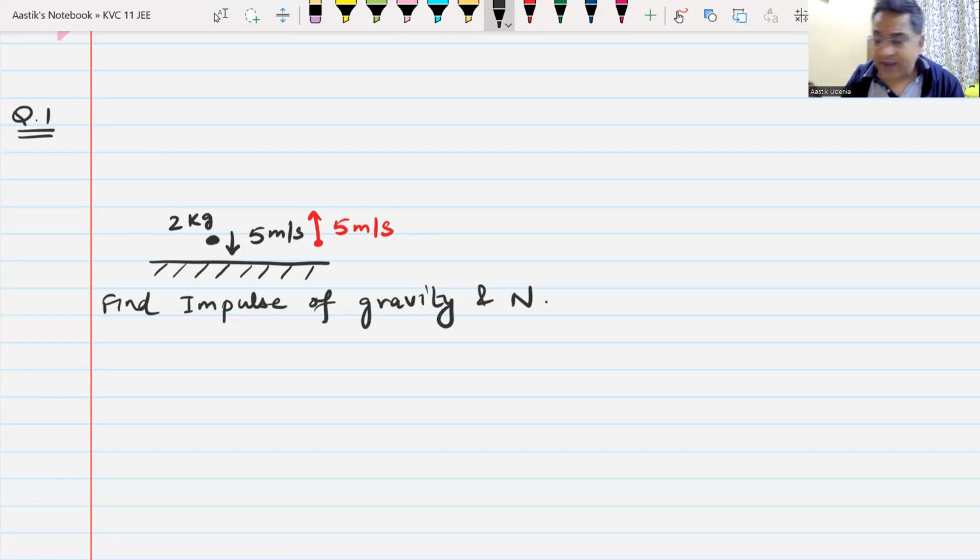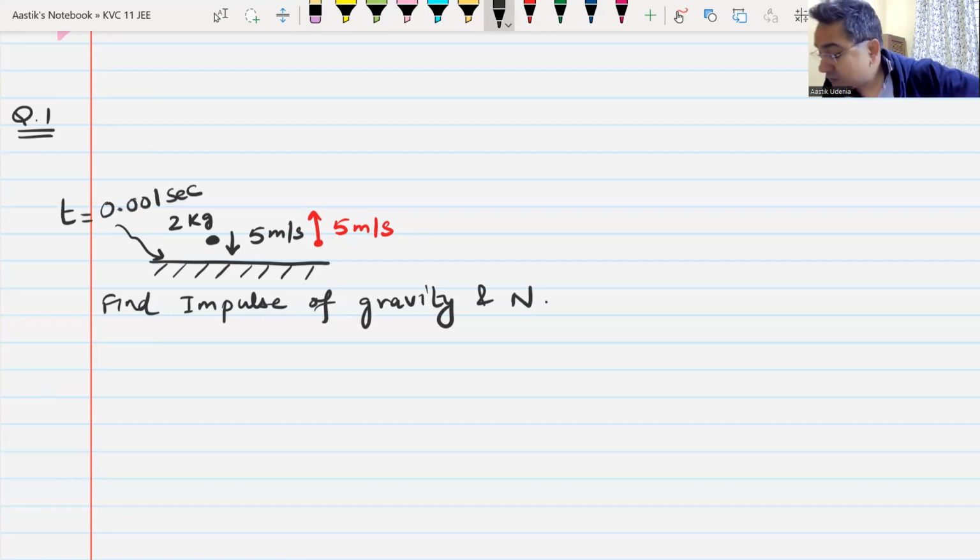It rebounds back with the same velocity, and the time it remains in contact is 0.001 second. So it remains in contact with the floor for 0.001 seconds. Then it rebounds back.